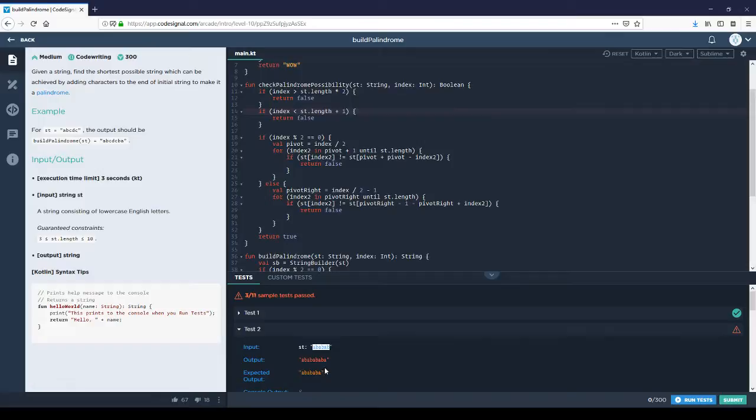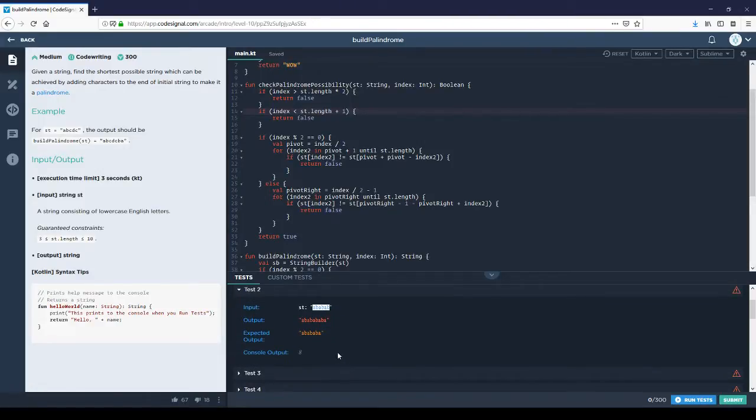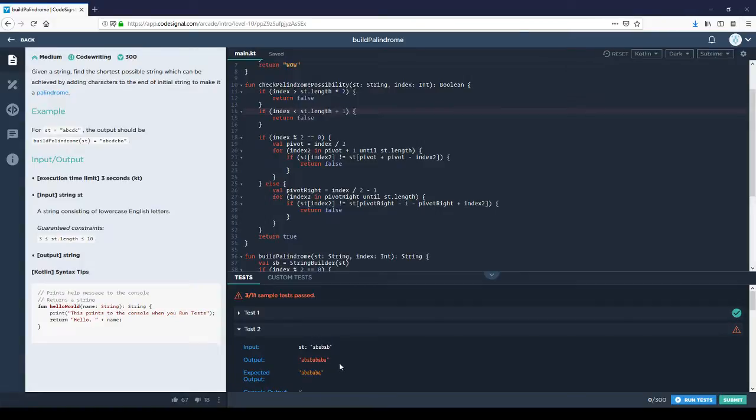AB, which is of even length. Odd, even. AB. So we know that 0, 1, 2, 0, 2, 4, 5. 5 is the first valid pivot.